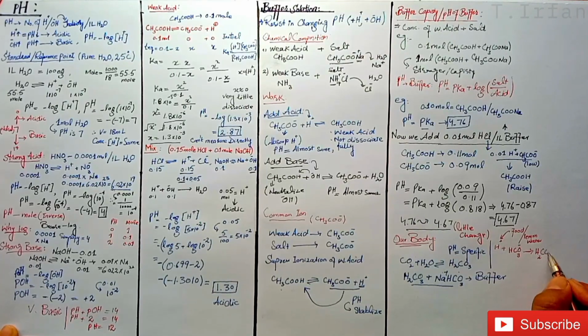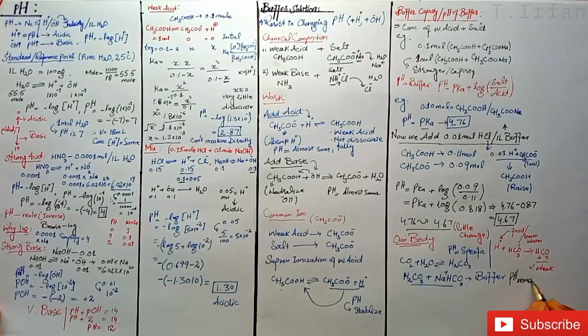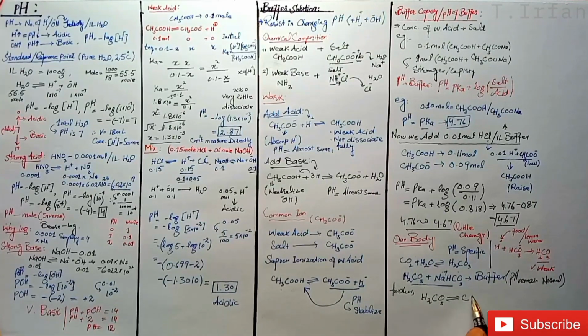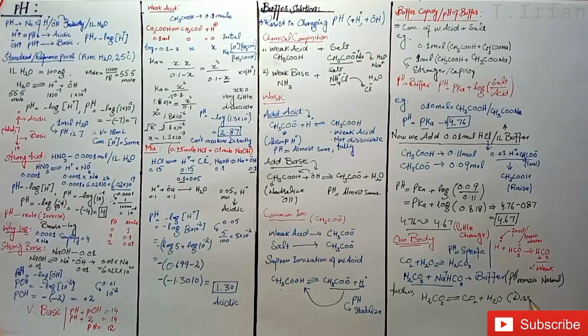But the buffer solution of our body contains sodium bicarbonate, which gives bicarbonate. And this bicarbonate absorbs those protons and forms carbonic acid, which is a very weak acid and does not disturb our pH. Carbonic acid is a weak acid, and further it dissociates into carbon dioxide and water. And we exhale that carbon dioxide.